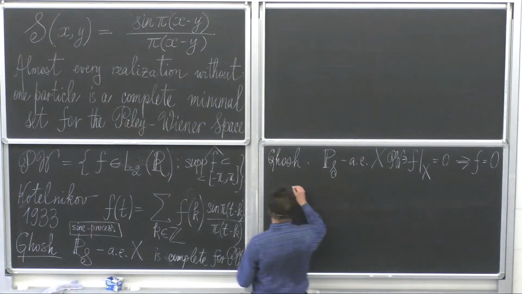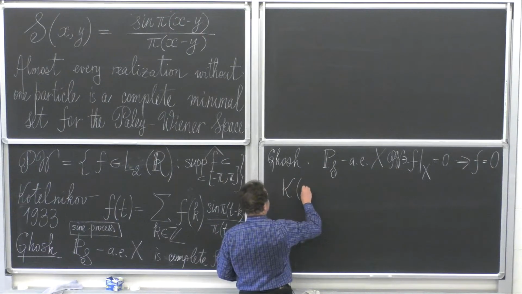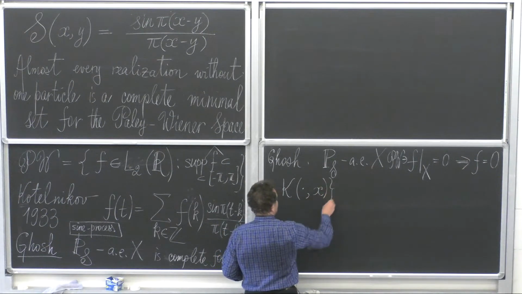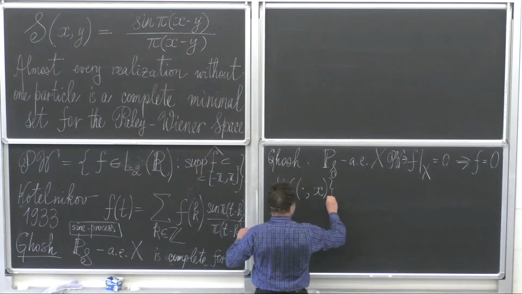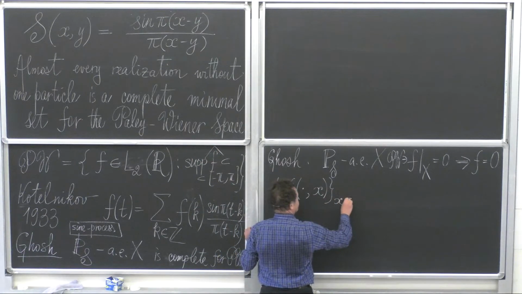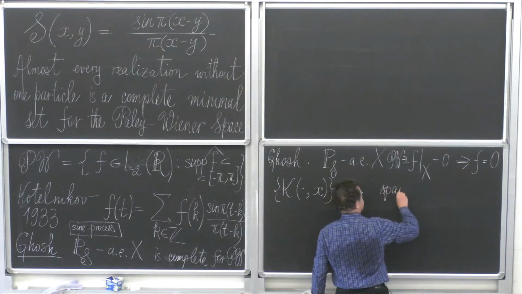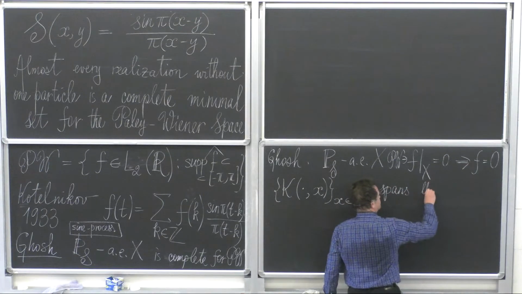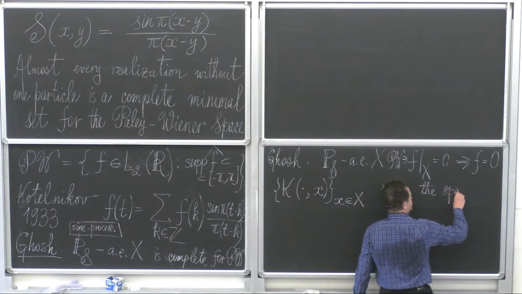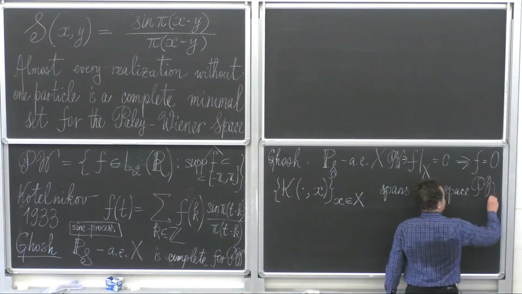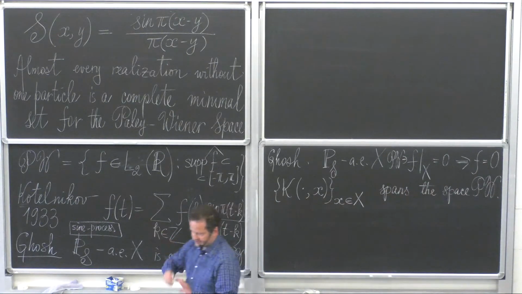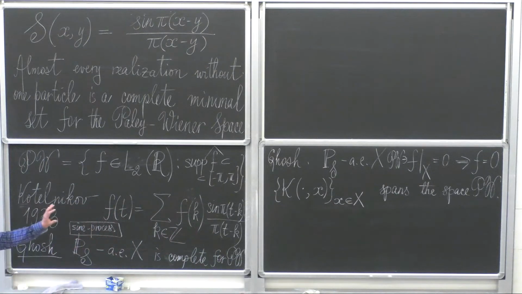In equivalent terms, the family of reproducing kernels, so please allow me not to write the explicit formulas there, sampled at x in X, is complete, so it spans the whole Paley-Wiener space. And as I said, this is a general statement for determinantal point processes given by projections. I will come back to that later. Let me just, for the moment, concentrate on the sine process.